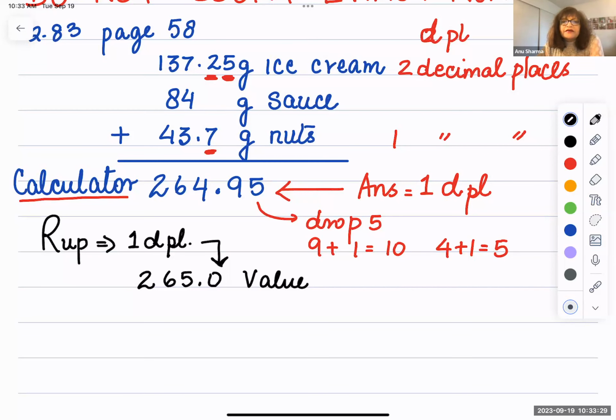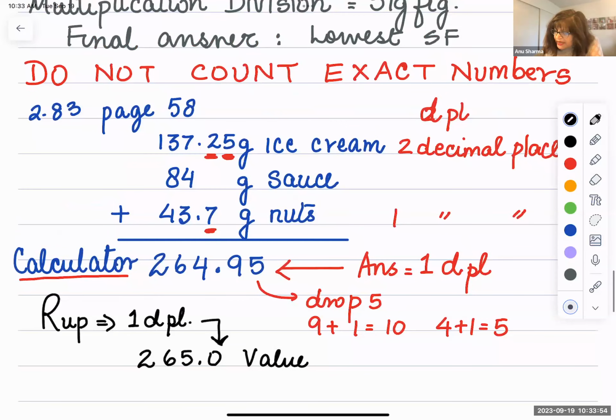264.95 looks comparatively cluttered in comparison to 265.0, right? So 265.0 is more of a cosmetic fixture. If you see 264.95, the question will actually say up to the correct number of significant figures.